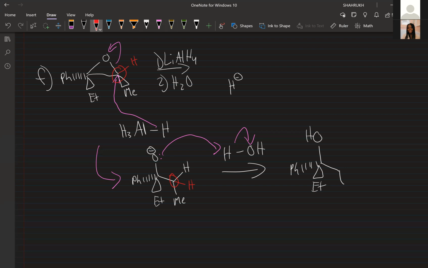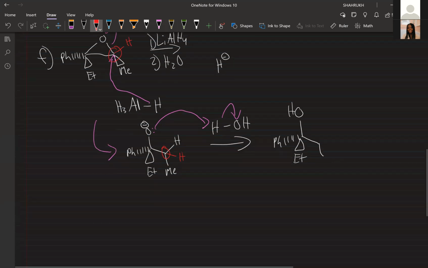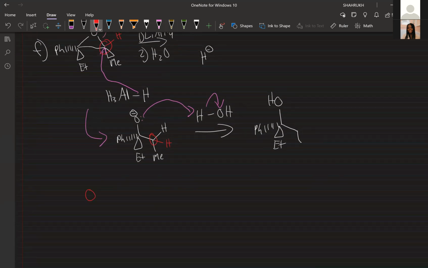Let's do a side example here. If we did the same thing and used something like a methyl Grignard, CH3MgBr, it would also lose its stereochemistry, because now two similar groups are the methyl groups.